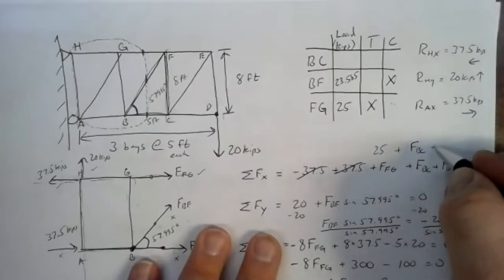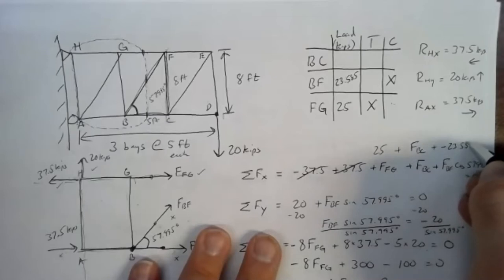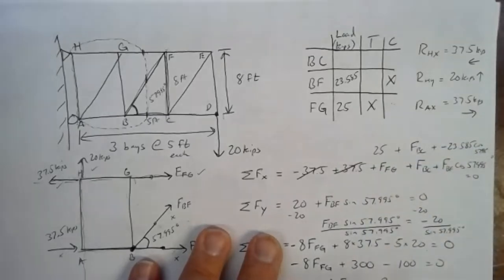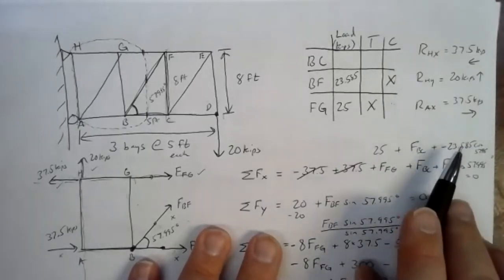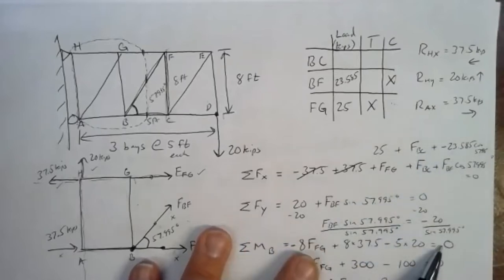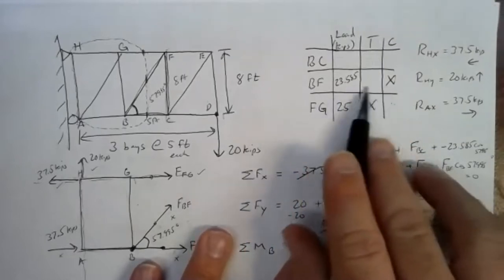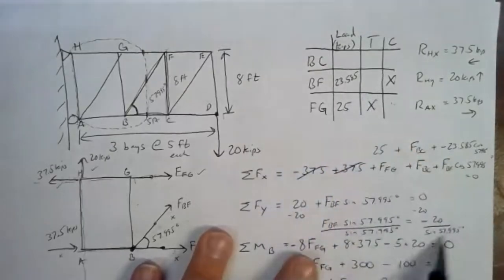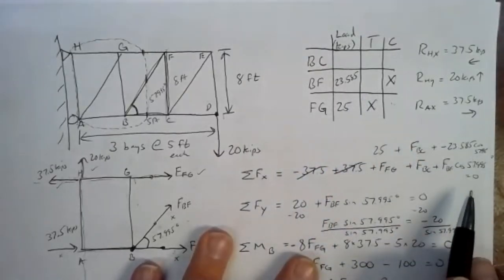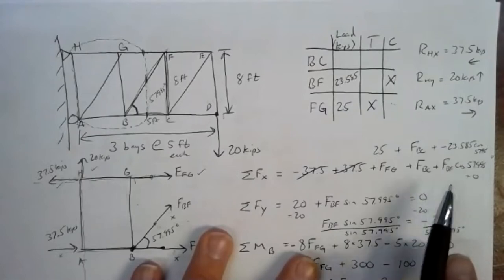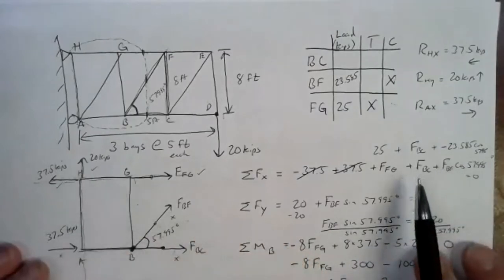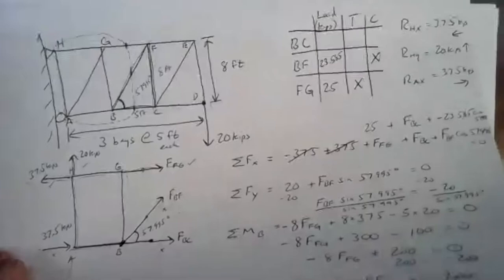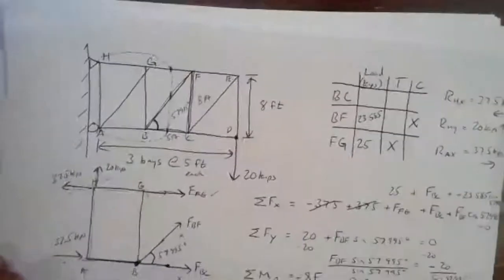But FBF was negative 23.585 times the cosine of 57.995 degrees. So you have to be careful here. When you get a negative answer, even though you might have interpreted what that negative means, in solving the algebraic equations here, you still have to plug in that negative value. I'm going to go to another sheet here to write that equation out a little bit more clearly.